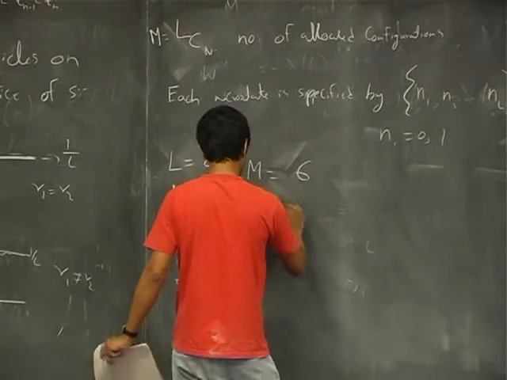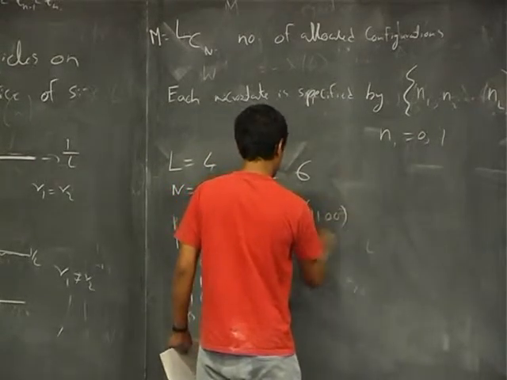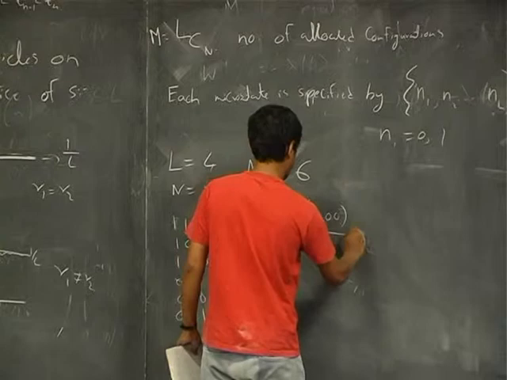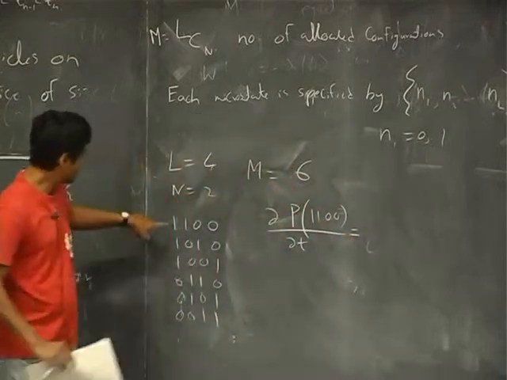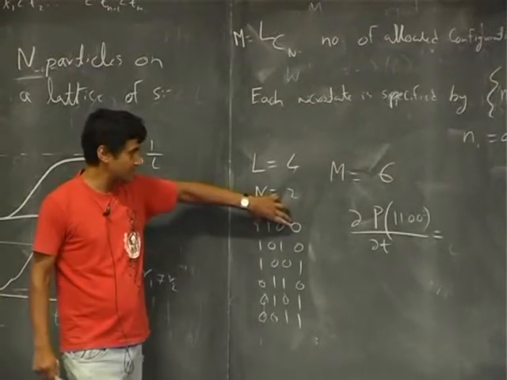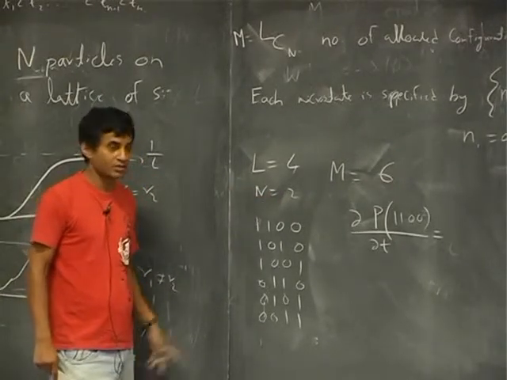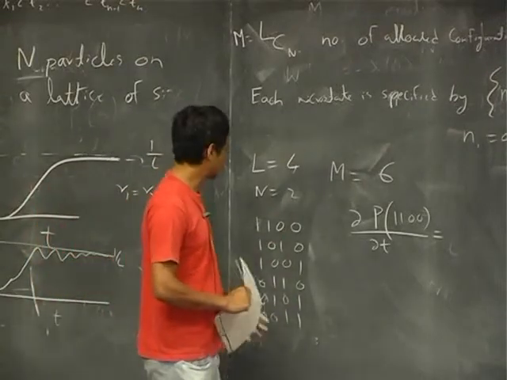Now let's try to write these equations. dP of 1100 by dt. If I want to find the rate at which the probability of this state changes, it will get contributions from which states? What are the terms that I should have?